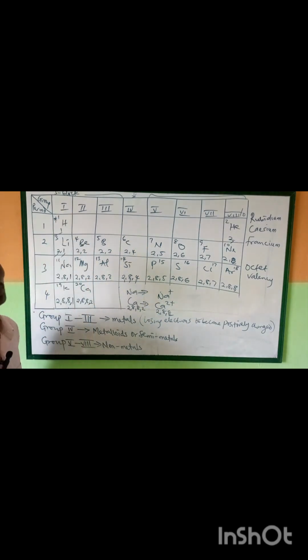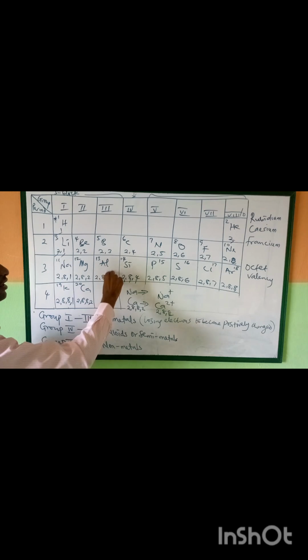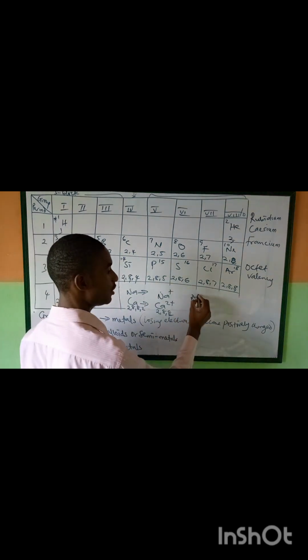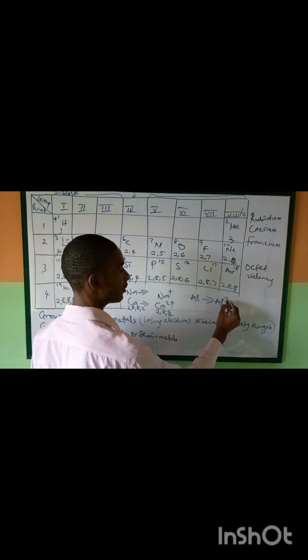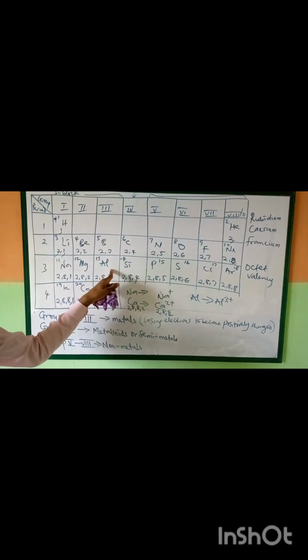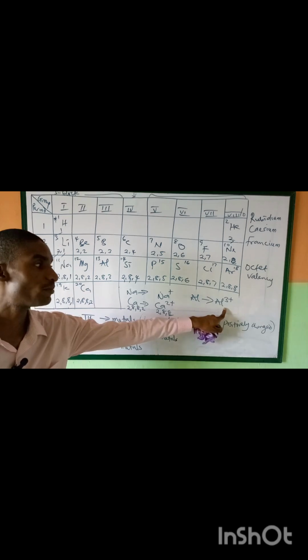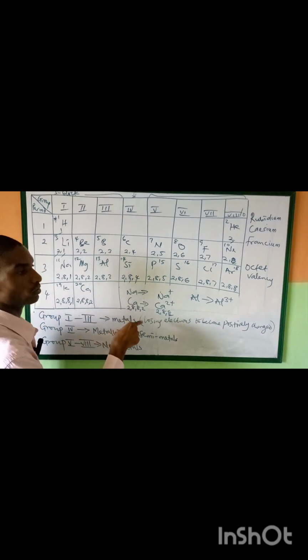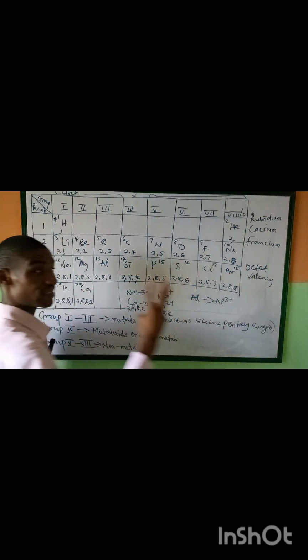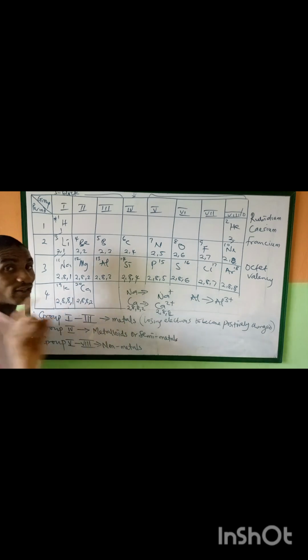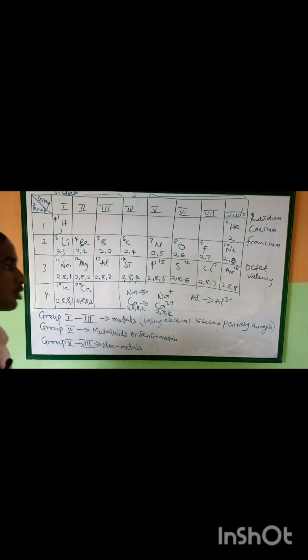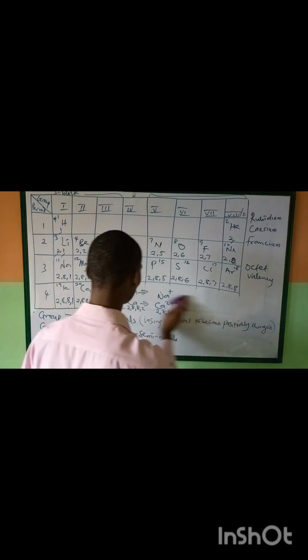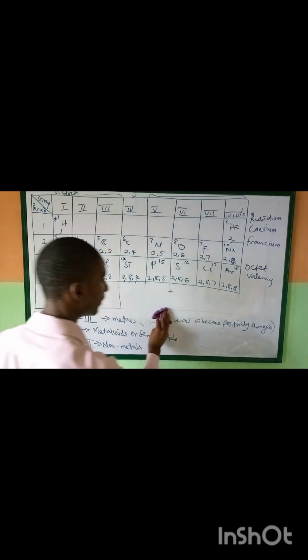That's members of group 2, while members of group 3, they give out 3 electrons. That is why your aluminium will become Al3 plus. Are you seeing it? That is why aluminium becomes Al3 plus, because it's going to give out 3 electrons, not 2 plus. 3 plus because it has 3 electrons in the outermost shell, and those are the guys that take part in chemical reaction.